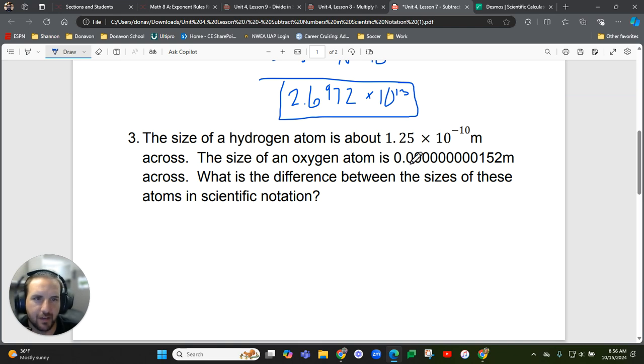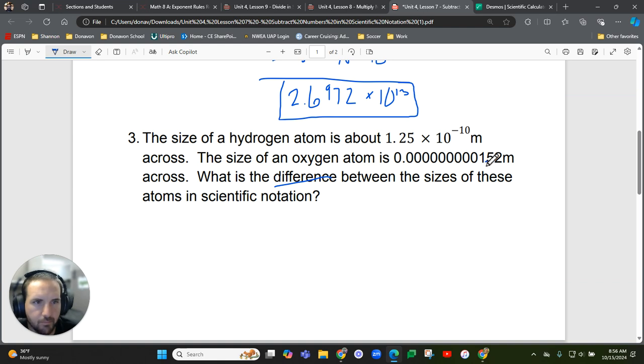Again, we have to have the numbers both in scientific notation, and it wants the answer in scientific notation. So I'm going to write this one in scientific notation first and then subtract them because it wants to know what is the difference between them. Obviously, this is going to be subtraction because this entire lesson is about subtracting numbers in scientific notation. I'm going to write this number in scientific notation by moving the decimal place.